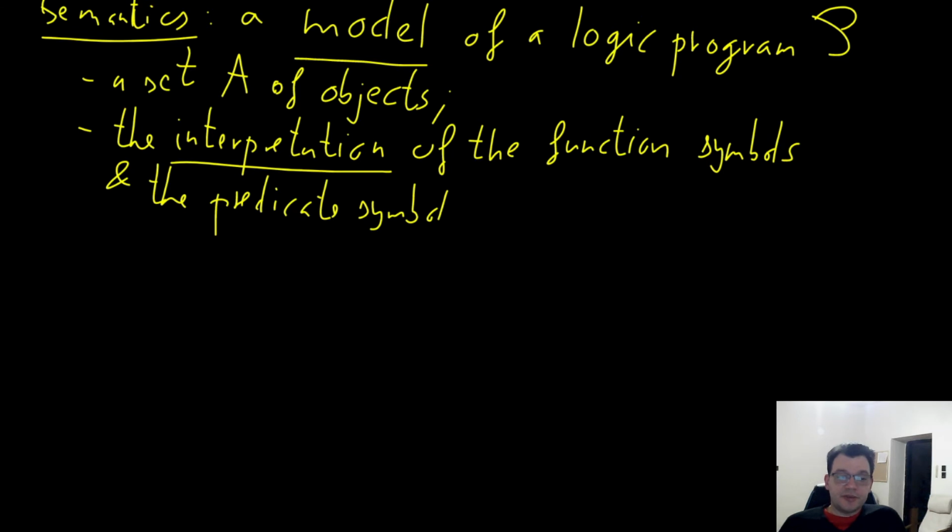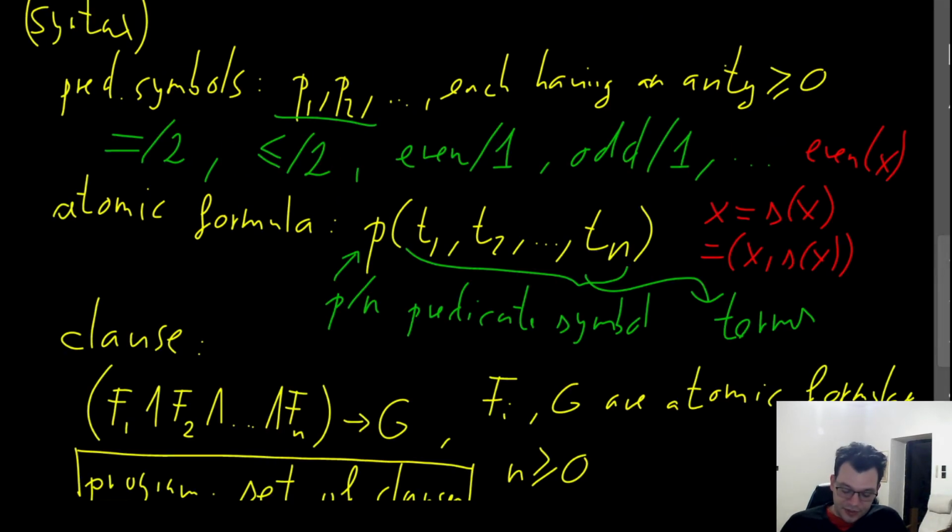So what's an interpretation? It's just the meaning. So for example, you can say that in a model, okay, in the previous program, let the set of the objects be... I will just do this by an example.